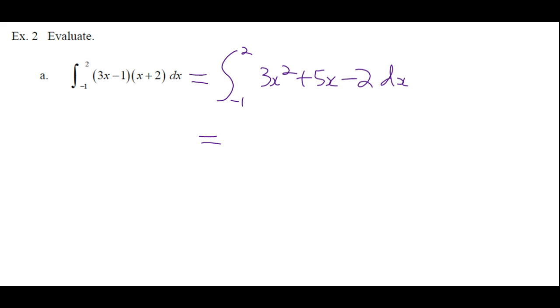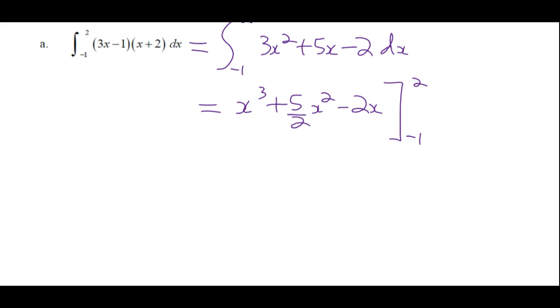So the antiderivative of 3x squared is x cubed plus 5x squared over 2, or 5 halves x squared, minus 2x in the interval negative 1 to 2. Okay, so first step, simplify the thing of which we have to take the antiderivative. Oh, well, that's very nice and easy to do the antiderivative. Take the antiderivative and then evaluate it.